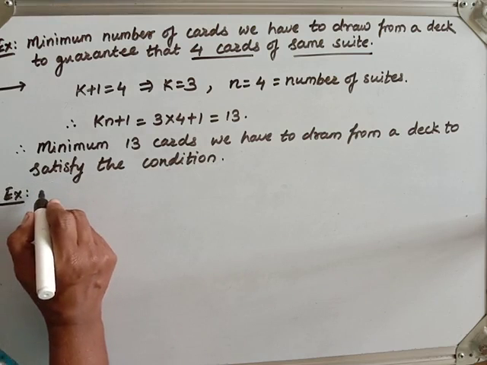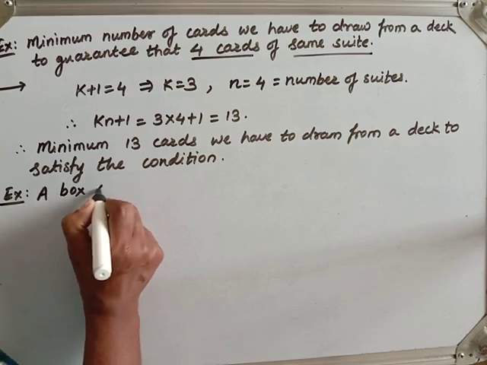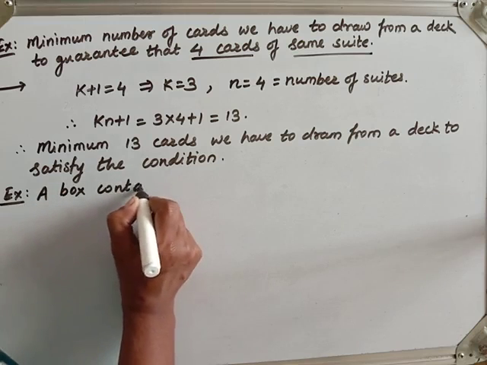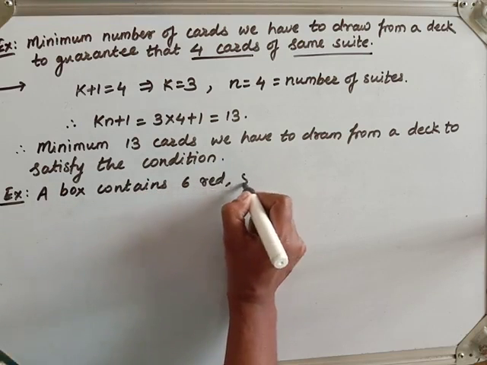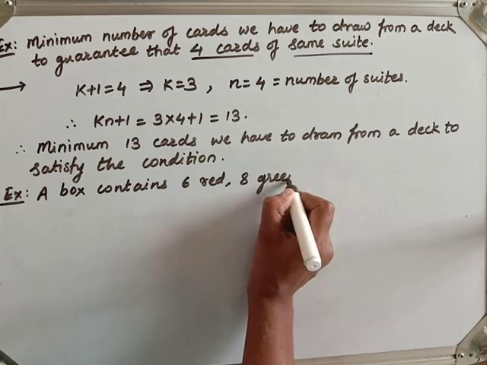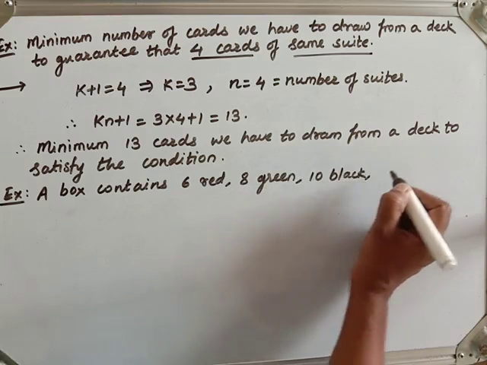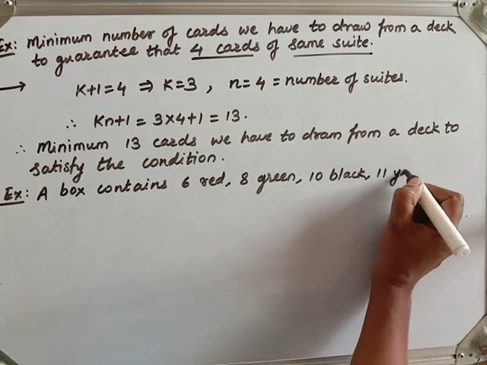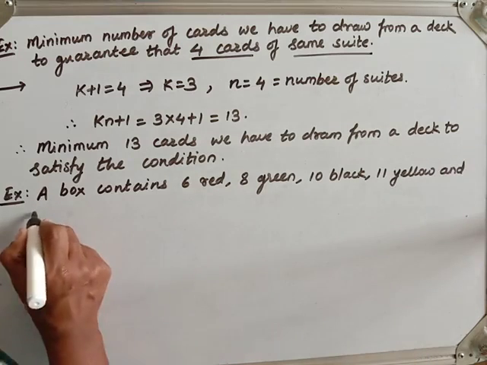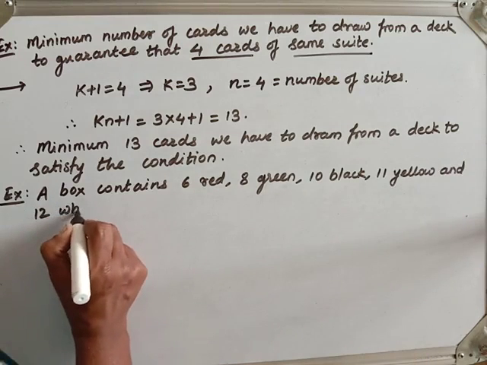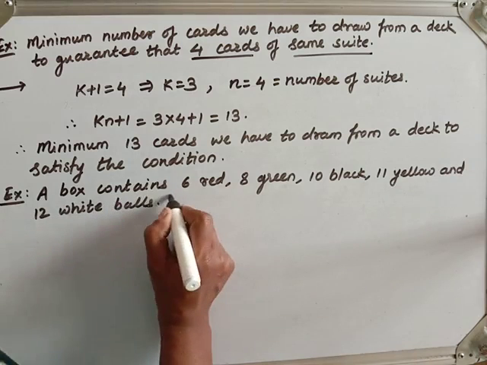Now suppose the example is that a box contains 6 red, 8 green, 10 black, 11 yellow and 12 white balls.